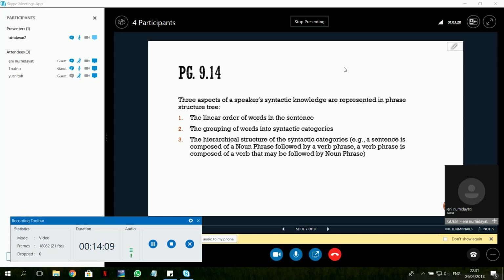Untuk Mbak Eni, sekarang kita sampai di halaman 9.5. So I will read the last sentences on page 9.5. The larger syntactic categories, such as verb phrase, are identified as consisting of all the syntactic categories and words below that point, or node, in the tree.